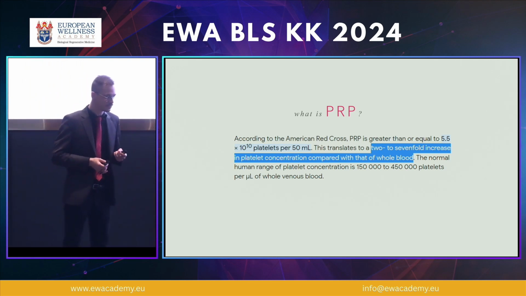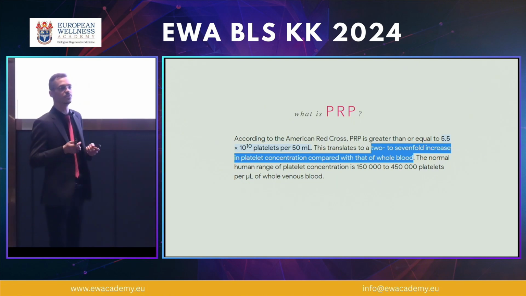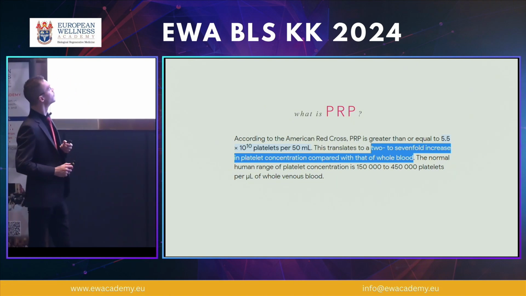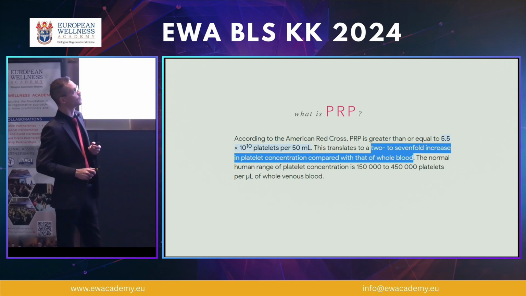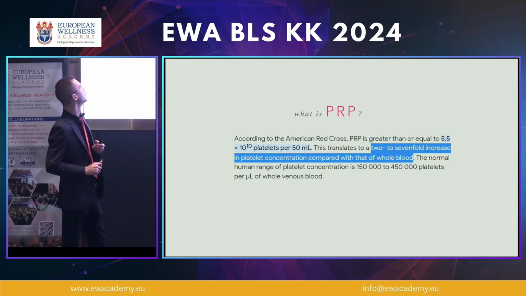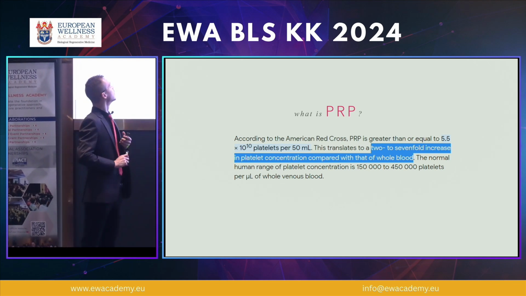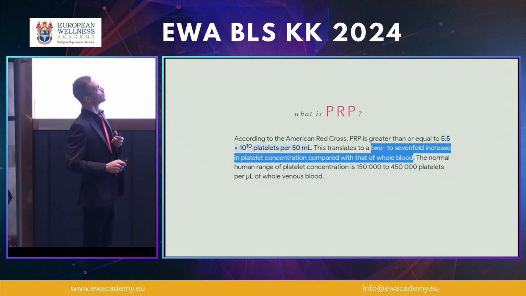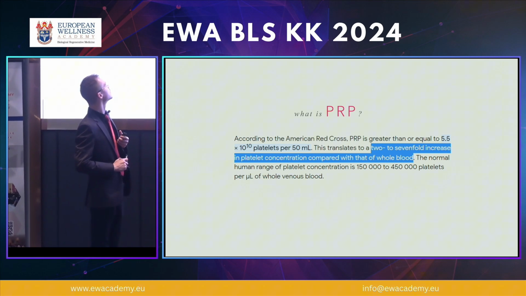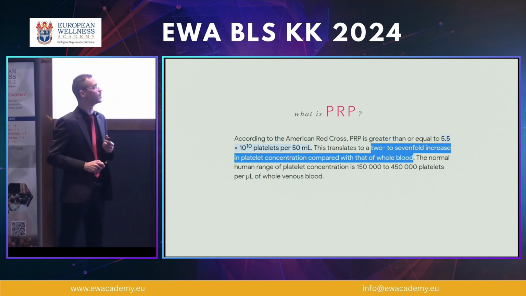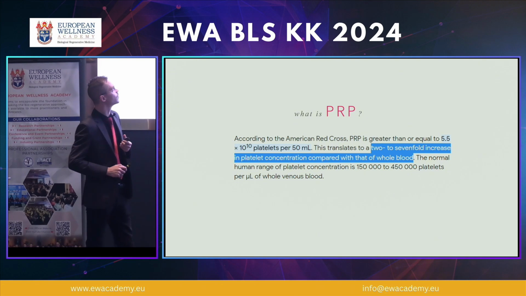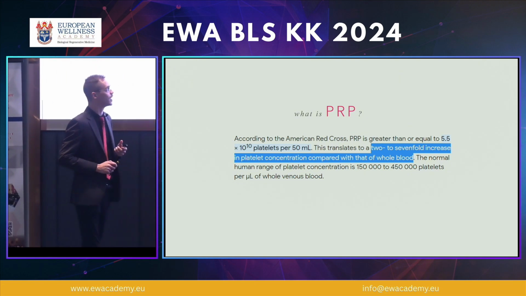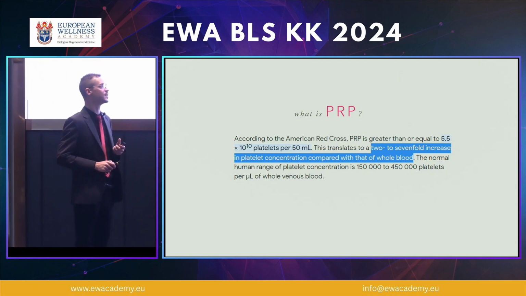Why so? Because what would you call a PRP? According to the American Red Cross, PRP is greater or equal to 5.5 times 10 to the power of 10 platelets per 50 milliliters. So it's a 2 to 7-fold increase in platelet concentration compared with whole blood. And the normal human platelet concentration range is from 150,000 to 450,000 platelets.